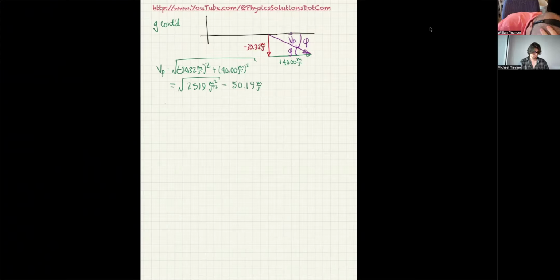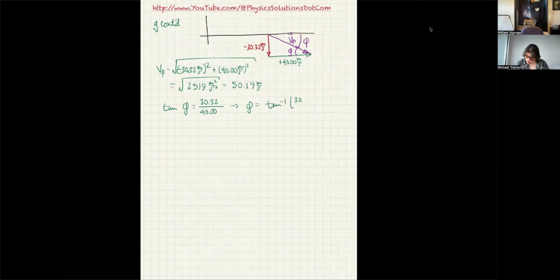Now, I can also say that tangent of phi is equal to opposite over adjacent. So that would be 30.32. Notice I'm not putting the sign in there. Divided by adjacent, which would be 40.00. So phi is equal to the inverse tangent of 30.32 over 40.00, which equals shift tangent inverse 30.32 divided by 40, close parentheses.